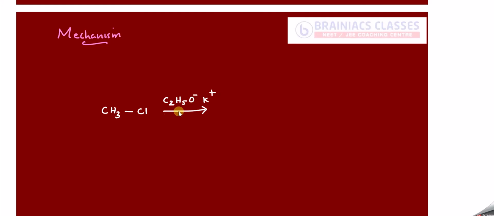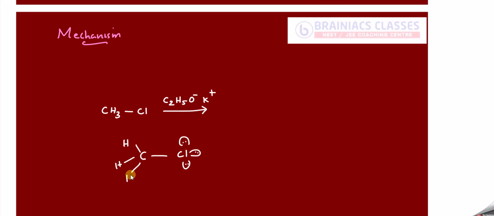So I can say O minus is a strong nucleophile. It will not wait until this C-Cl bond breaks. Rather, what it will try to do, if you see here carbon with the chlorine present, and this chlorine has lone pairs, and you have hydrogen present like this.